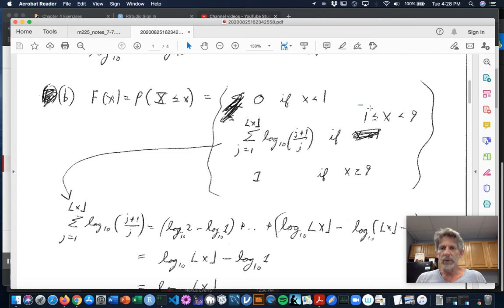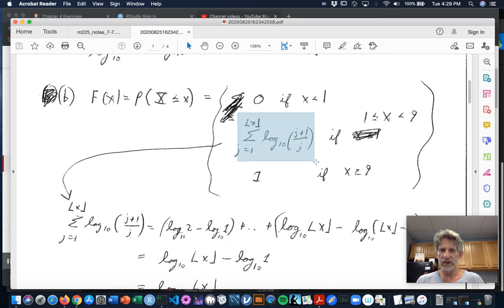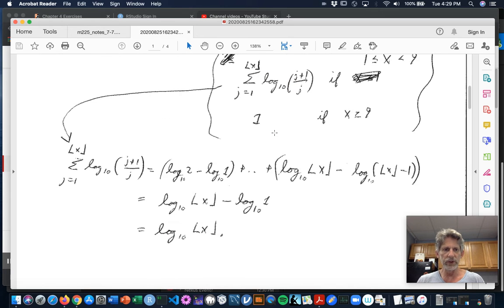And if you take any real number x in this range, then the only chances for values less than it would be the ones from 1 up to the floor of x. And so we're adding up, j goes from 1 to the floor of x, log base 10 of (j plus 1)/j. So that would be a statement of the CDF, but you're probably interested in simplifying this bit right here, which you can do.